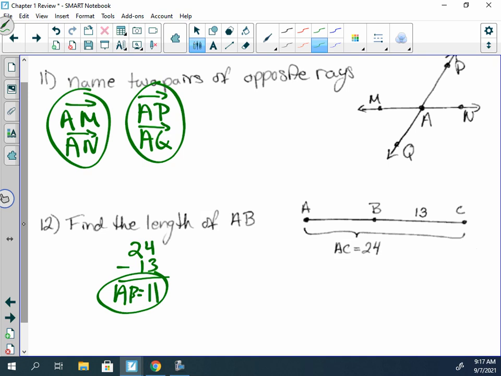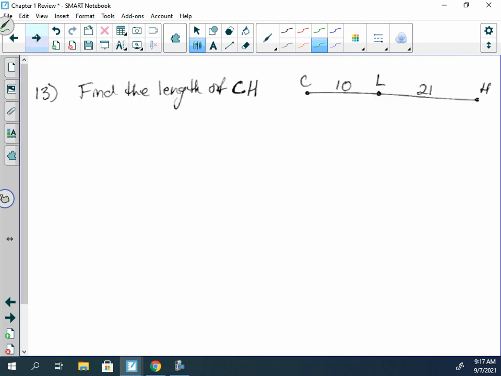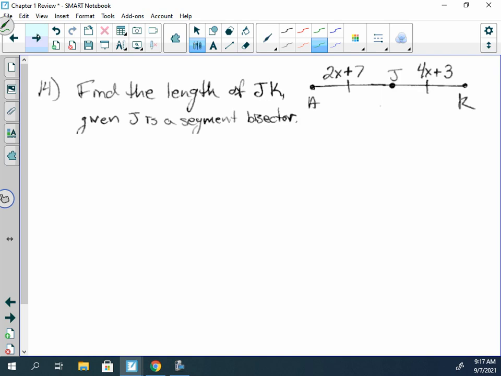So X plus 13 equals 24. Or 24 minus 13 tells us that our missing length is 11. Questions on this here? Questions on 13? Questions on 14?